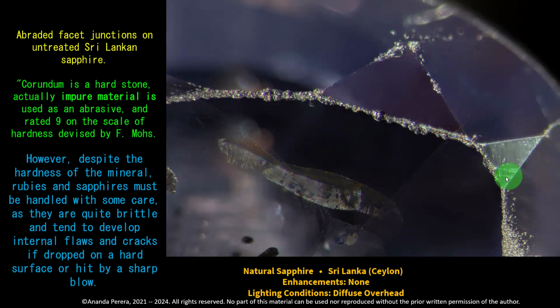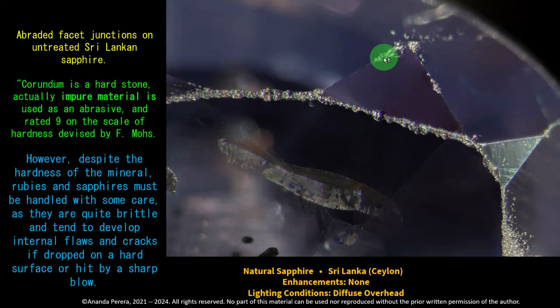See, corundum is a hard stone. Actually, impure material is used as an abrasive and rated 9 on the scale of hardness, most hardness. However, despite the hardness of the mineral, rubies and sapphires must be handled with some care when we use as jewelry, as they are quite brittle.